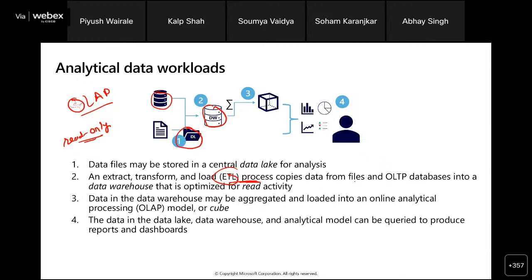It copies the data from these files and the OLTP database into a data warehouse that is optimized for read activity. The data warehouse supports relational data, so with the help of the ETL process, it transforms the data into a relational schema that is optimized for read operations.